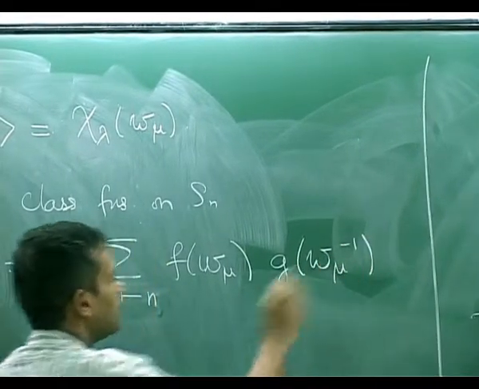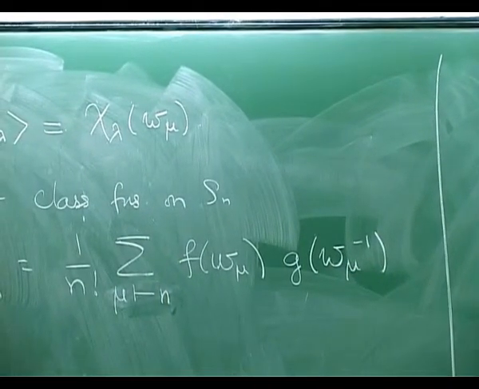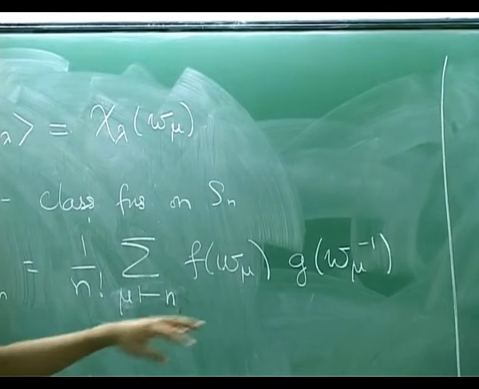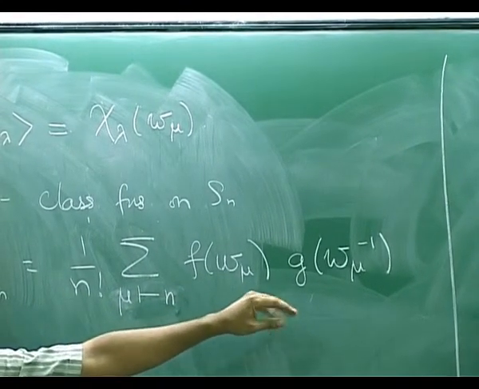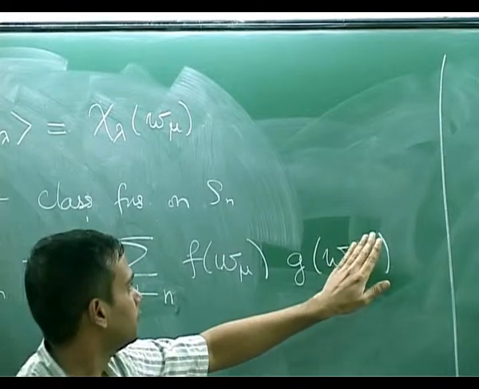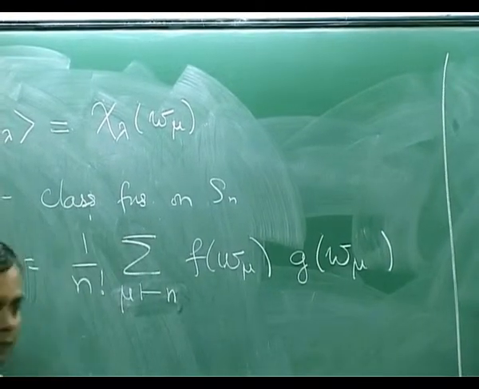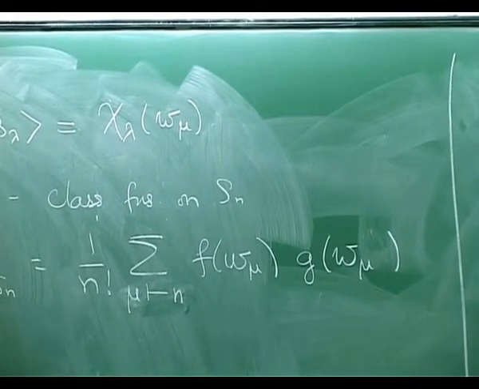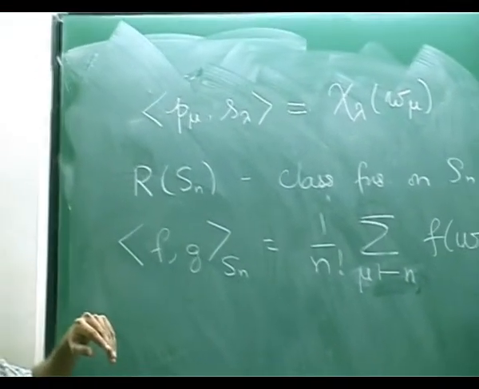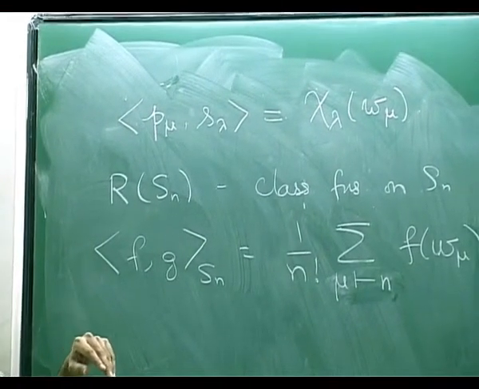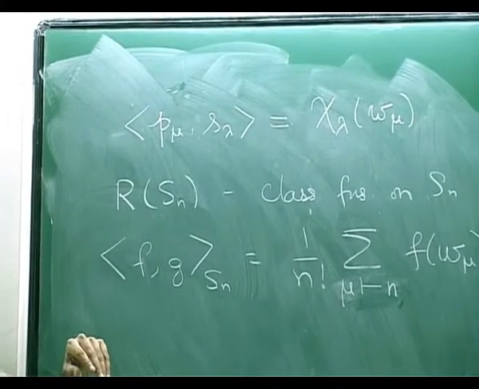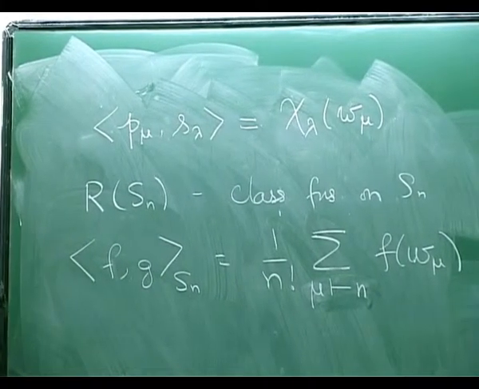You can write an inverse, but in the symmetric group every element is conjugate to its inverse, so we don't need to worry about this. And this is the form with respect to which the irreducible characters form an orthonormal basis.